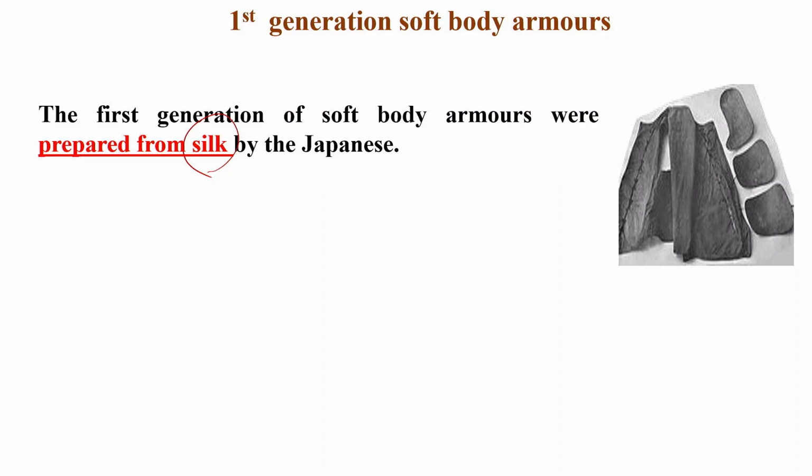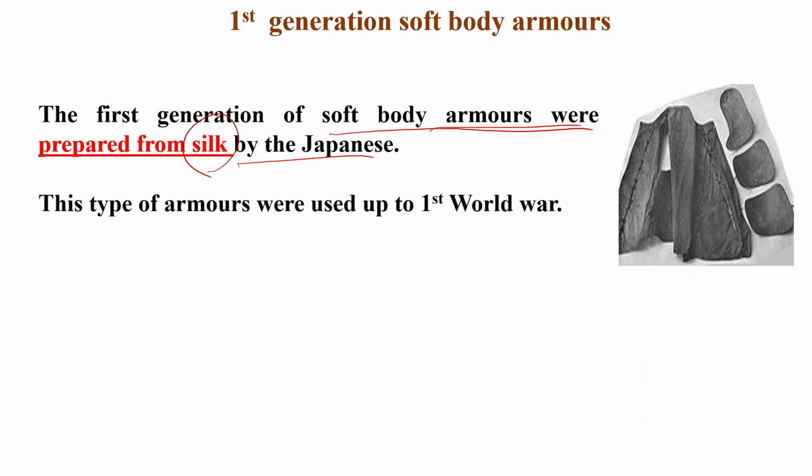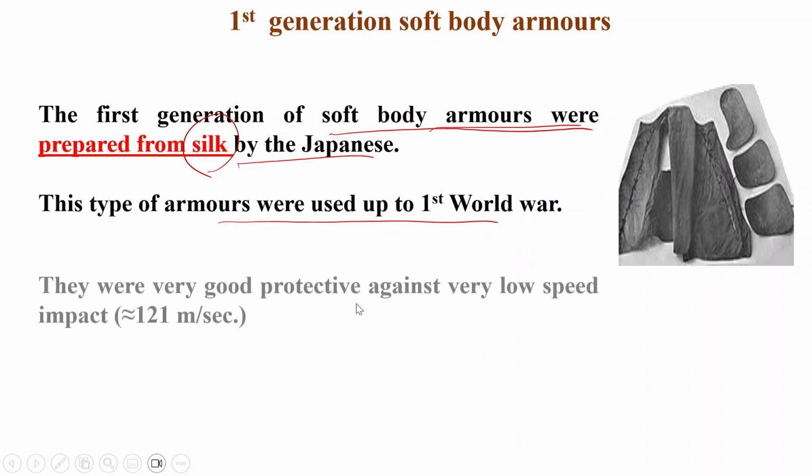So, first generation soft body armor was developed from multi layer silk fabric. This was by Japanese people, they used it as a soft body armor. This type of body armor made from silk was used in First World War time.